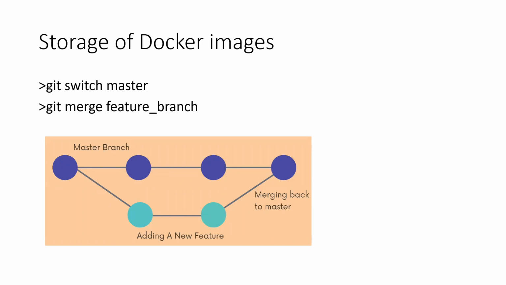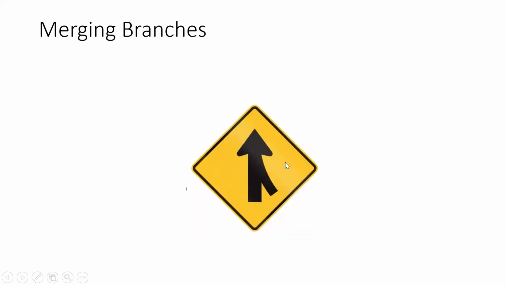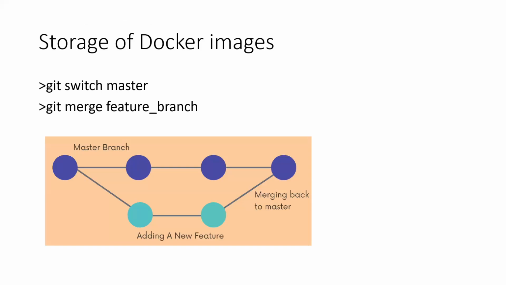Before deploying, they need to merge into the main branch, because our main motto is to commit, release or deploy the main branch only. So when everything is done, we need to merge it over here. This is the merging stuff.